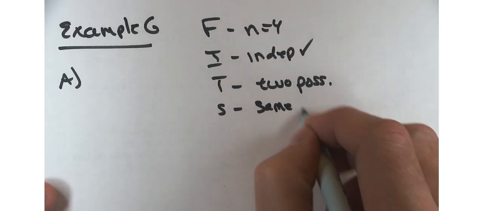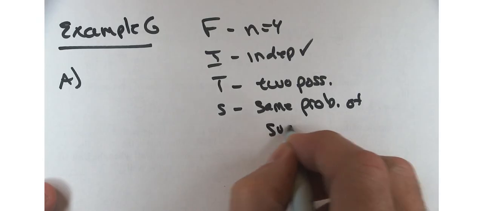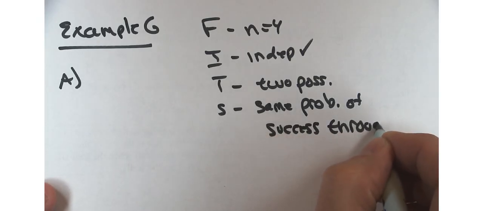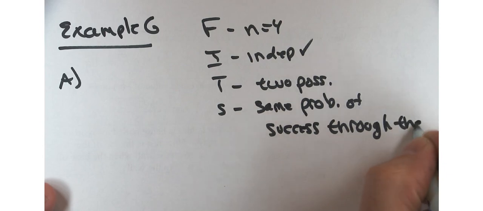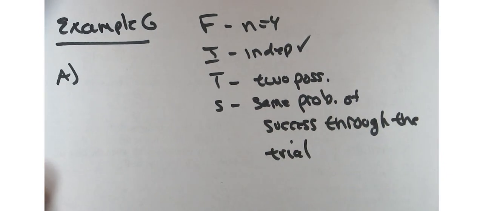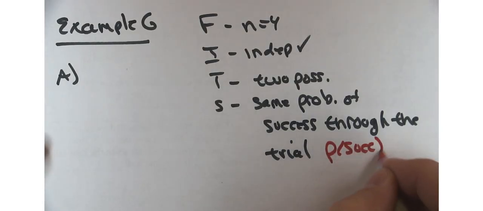Same probability of success through the trials. By the way, what's that probability of success? Did anyone catch that? 0.4. Yeah, 0.4. So P of success equals 0.4.